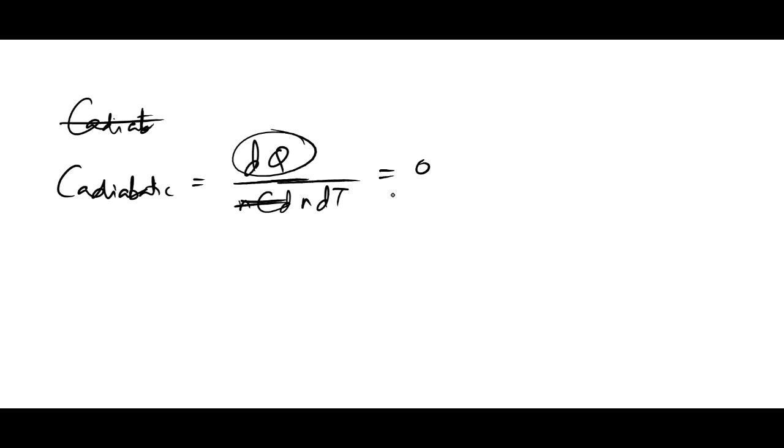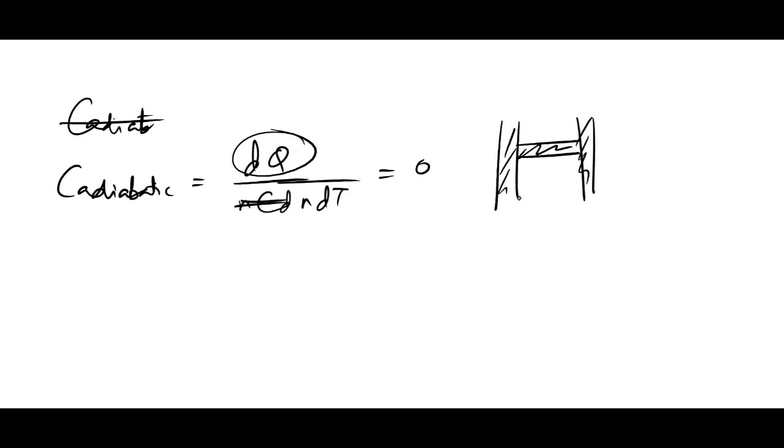So how would you actually change the temperature of a gas in an adiabatic process? Is it possible, or is the dT going to be 0 too? I'll just show you why it's not going to be 0. So you have an adiabatic enclosure like that. That's also adiabatic.